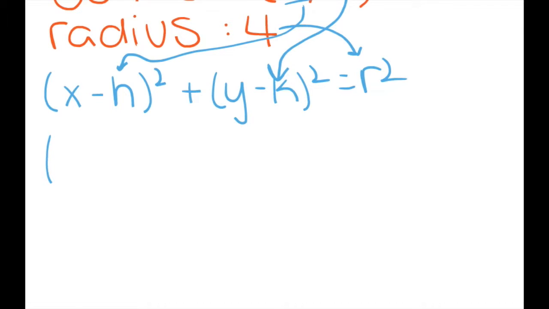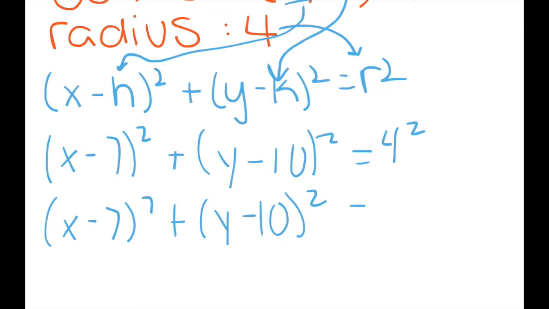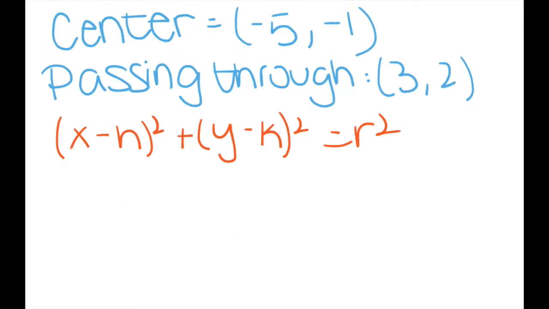So now if we write this out, it'll be x minus 7 squared plus y minus 10 squared equals 4 squared. And to simplify this even further, it would be x minus 7 squared plus y minus 10 squared equals 16. And that's the simplest form it could be in, since you can't square root a y or an x.